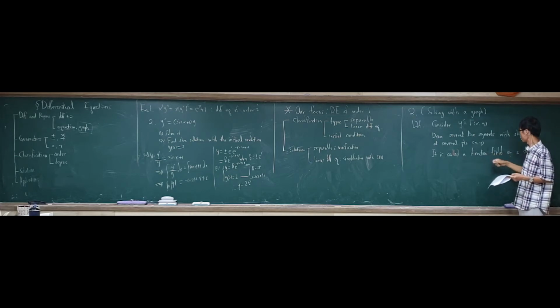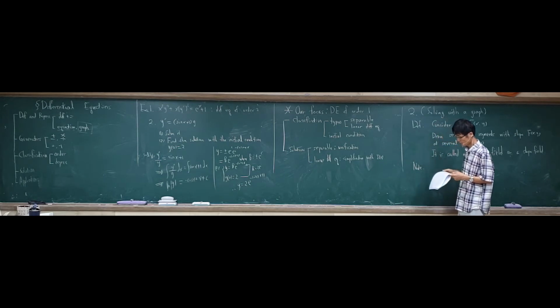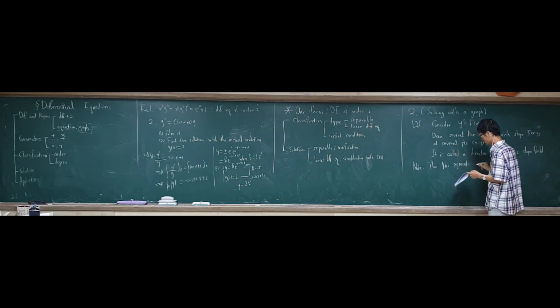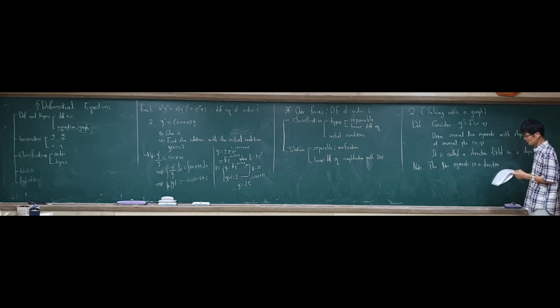By using direction field or slope field, we can get an approximate solution for the differential equation. In the direction field, the line segments give us information about the direction of a solution curve.